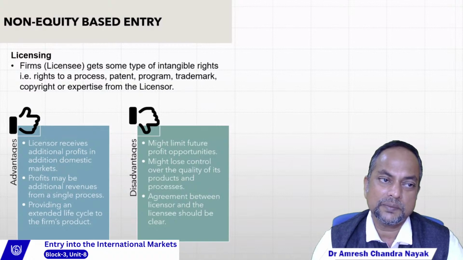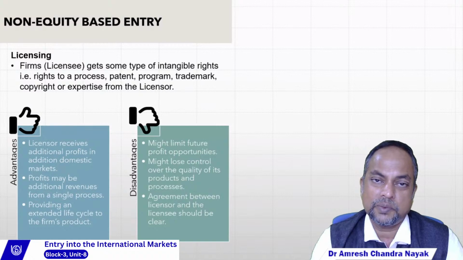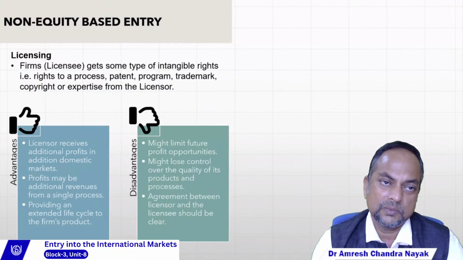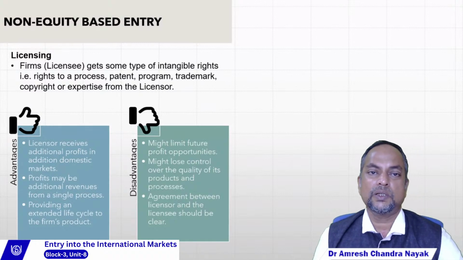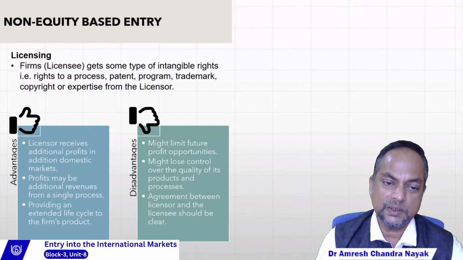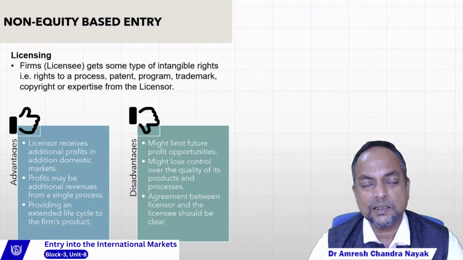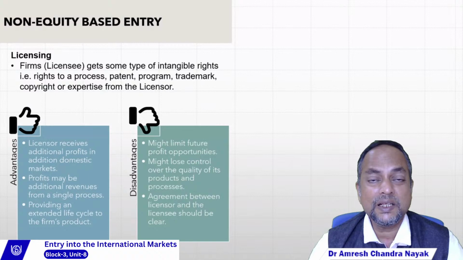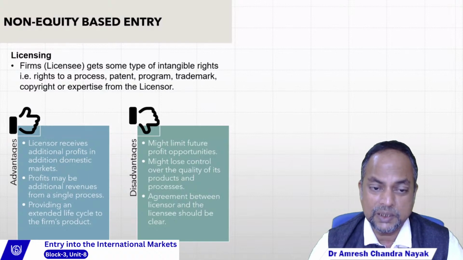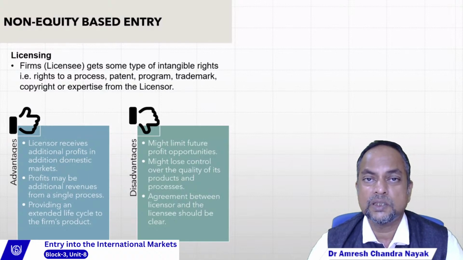But now what happens? When I give a license to others, the profit part is shared, right? Now the host country organization will look into everything. So in due course of time, the parent country organizations may lose control over quality in the product line.